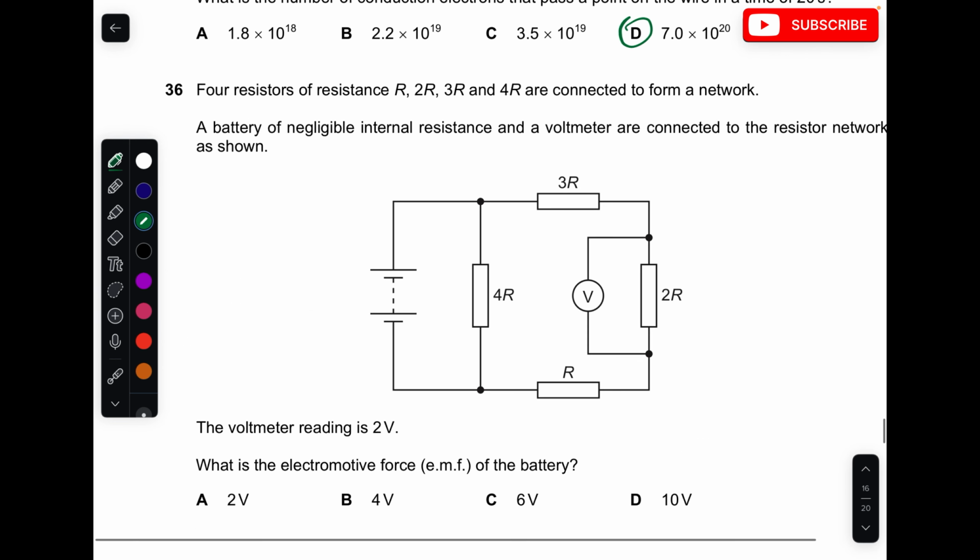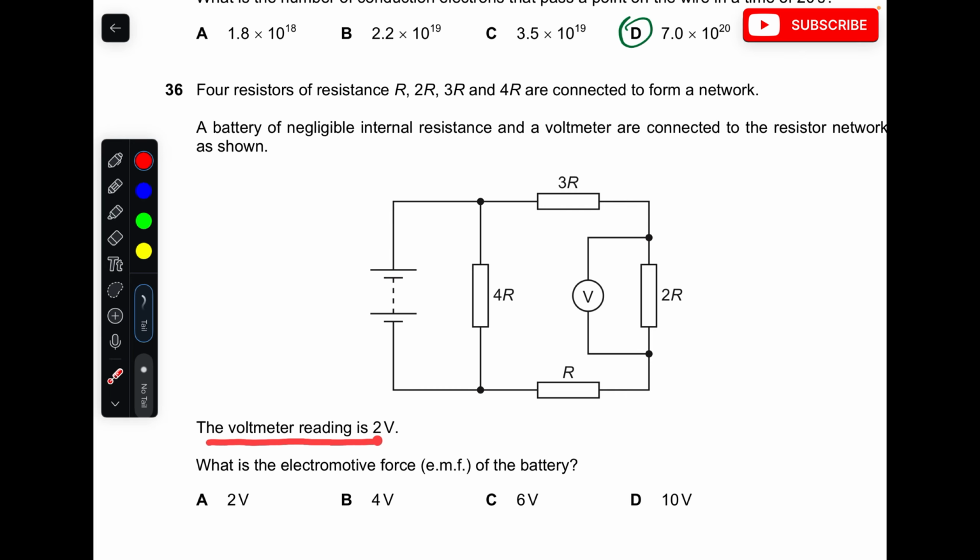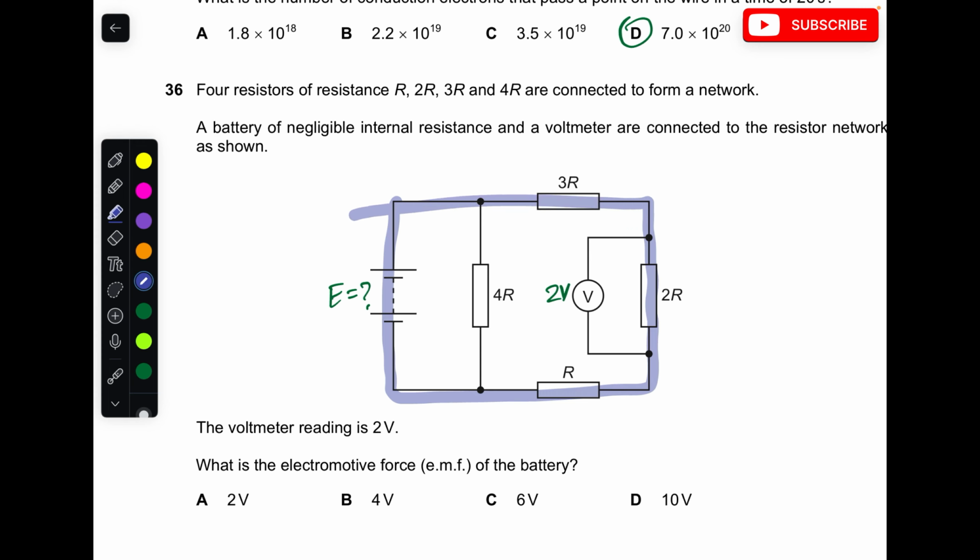Question 36. Four resistors of the resistance R, 2R, 3R, 4R are connected. The battery is shown. And what they're asking, the voltmeter showing 2 volts. What is the electromotive force that you have to tell? Okay. If we apply Kirchhoff's second law on this, this 3R, this 2R, this 1R, they are in series.